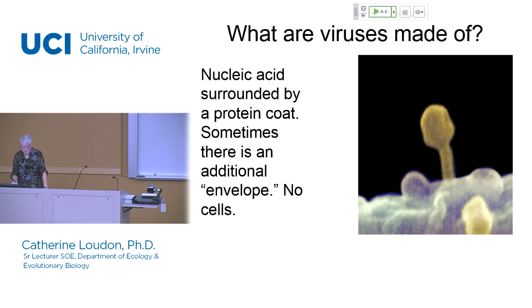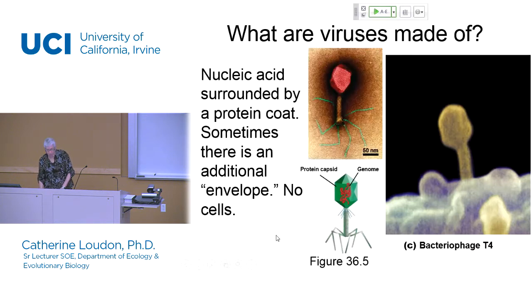So basically we have a nucleic acid that is surrounded by a protein coat, and sometimes that in turn is further surrounded by an additional structure called an envelope. But viruses are not made of cells, so there are no cells in any of the viral groups.